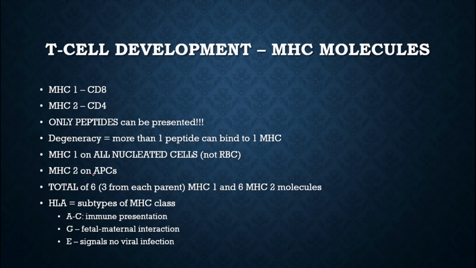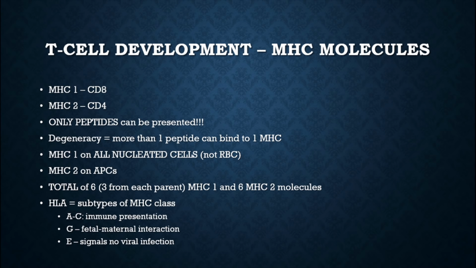We have a total of 6 MHC proteins, 3 from each parent, and that goes for MHC1 as well as MHC2. When we're talking about an HLA subtype, we're talking about a type of MHC. So those are used fairly interchangeably, just to clarify anything.